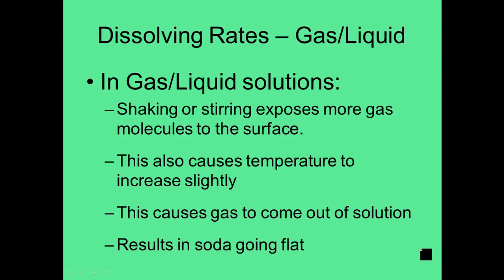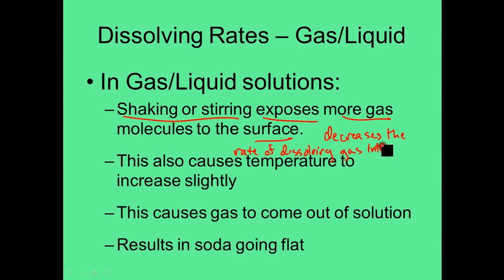All right, next slide. In gas and liquid solutions, things are a little different. Shaking and stirring does the opposite. It exposes more gas to the surface, and therefore this decreases the rate of dissolving gas into liquid.